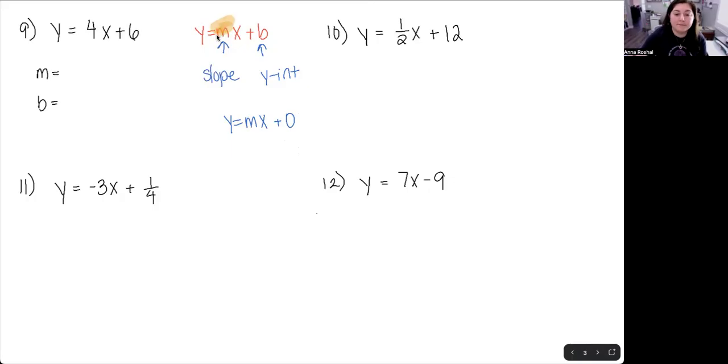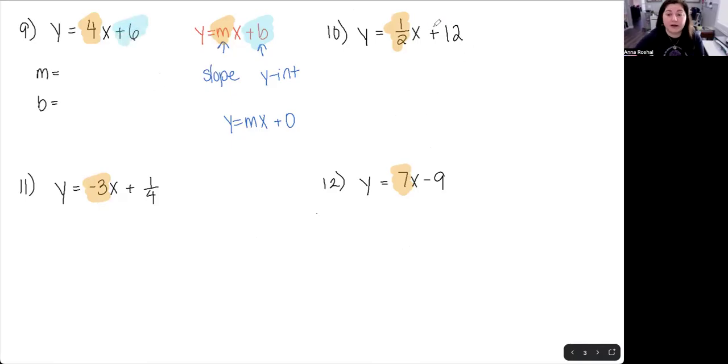Okay, so I'm going to just highlight these. My m, which is in front of the x, so all of these are going to be my slopes. And slopes can be whole numbers, slopes can be fractions, slopes can be positive numbers, slopes can be negative numbers. Those are all of my slopes. I also know that my y-intercept is going to be a number that's on its own.